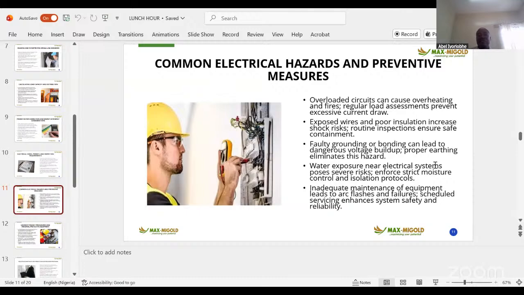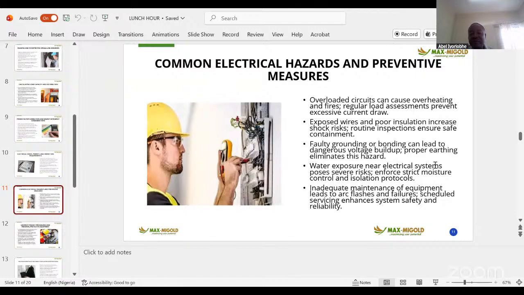So these are the safety measures you can take to prevent electrical hazards. For example, like the earth we talked about here, if your earthing is compromised, you have to ensure it is improved on a regular basis. If the earth is compromised, the whole installation is compromised, both human and equipment. Ensure that the values of your earthing parameters are up to industry standard.